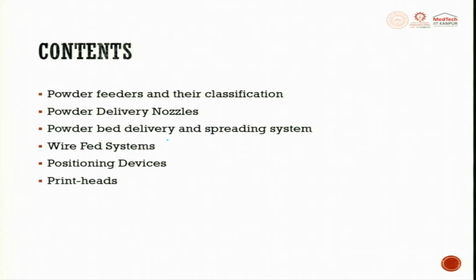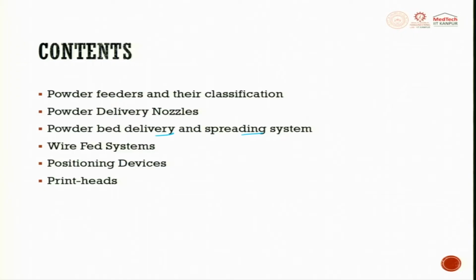In powder delivery nozzle, if it is only liquid, as in combustion, it is straightforward. Here you have air as well as powder. So, powder delivery nozzle will be the second one. The third one is going to be powder bed delivery and spreading system. Last, we will try to see wire feed system, then its positioning, and finally print head in this process.